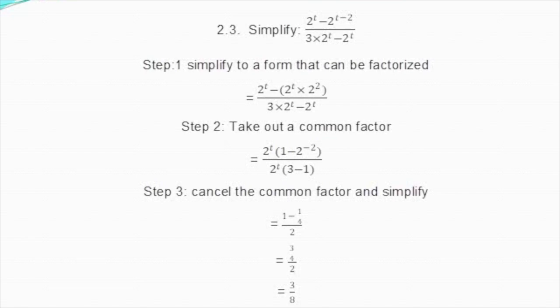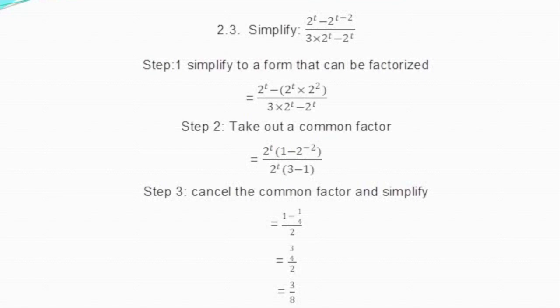To do so, we need to separate the bases. So 2 to the power t minus 2, we are going to have 2 to the power t times 2 to the power negative 2.